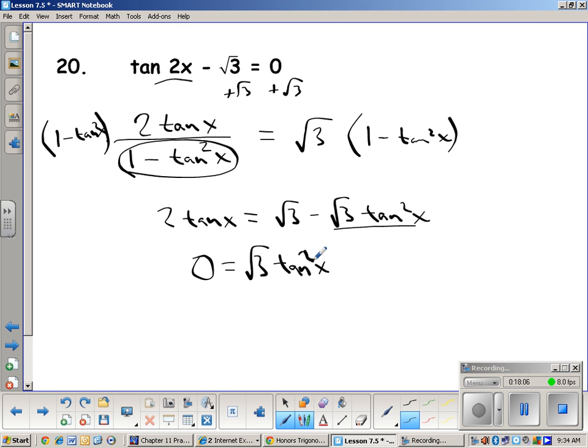Okay. When I move this over, it made it a negative, right? But when I change the sign, it makes it a positive 2 tan x minus square root of 3, because this one's already over there and it's positive, so when I change the sign, it's negative. Okay. Let's double check.